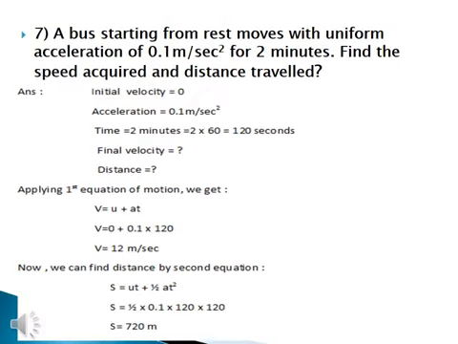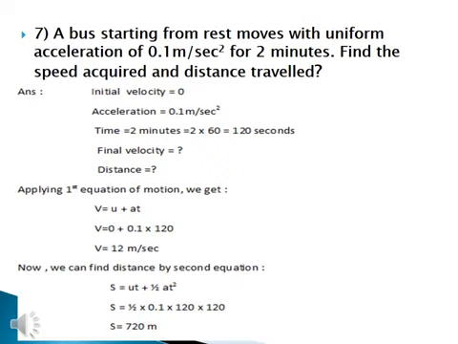And the last question is: a bus starting from rest moves with uniform acceleration of 0.1 meter per second square for 2 minutes. Find the speed acquired and distance traveled. As the bus starts from rest, its initial velocity u is equal to 0. Here the acceleration is positive, a is equal to 0.1 meter per second square.